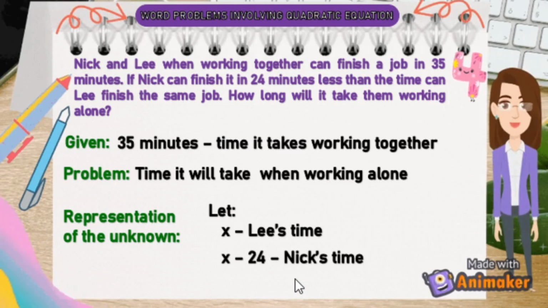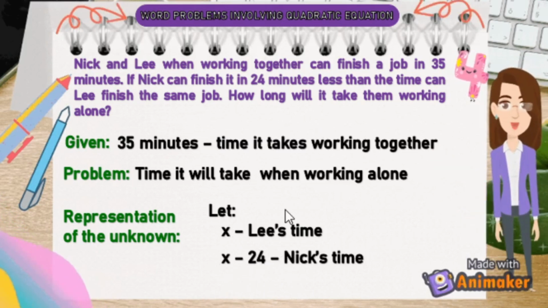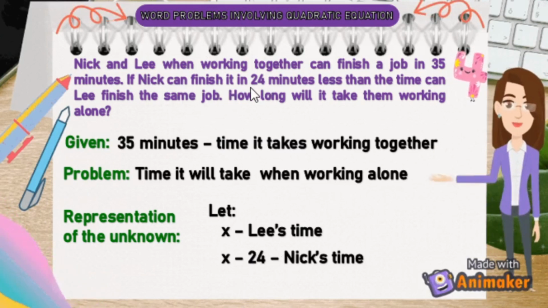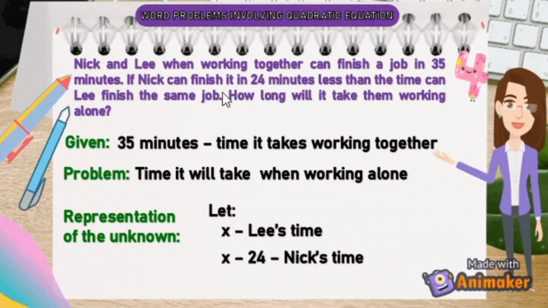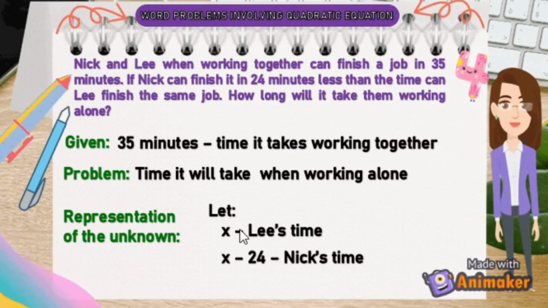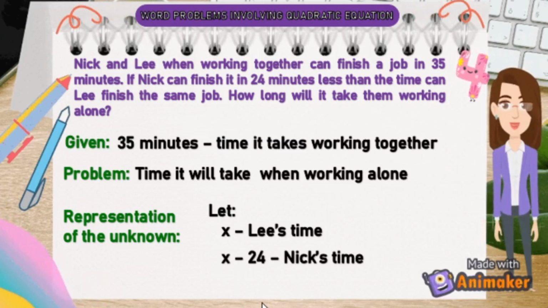So, when Nick works alone, this is the time he finishes one job. Why x minus 24? Because the problem says 24 minutes less than the time Lee can finish the same job. So, that is Nick's time. So, we subtract 24 from Lee's time, which is x as the representation of Lee's time.